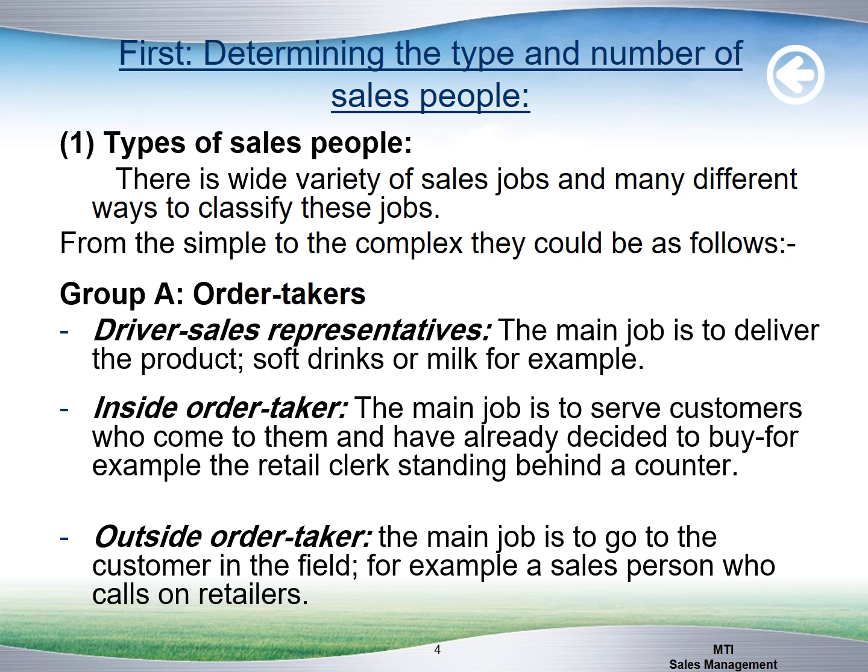The second one is the inside order taker, who stays behind the counter, waiting for the customer to ask for something. The outside order taker's main job is to go to the customer in the field, by call or by visit or something like that.